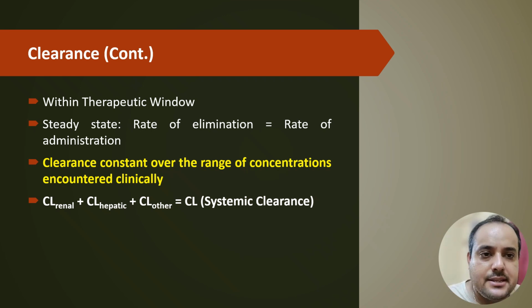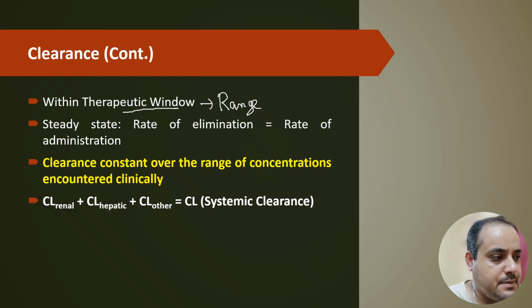Now this steady state plasma concentration of the drug, we try to keep it within the therapeutic window of the drug. And what is the therapeutic window? Therapeutic window is a range. A range of what?